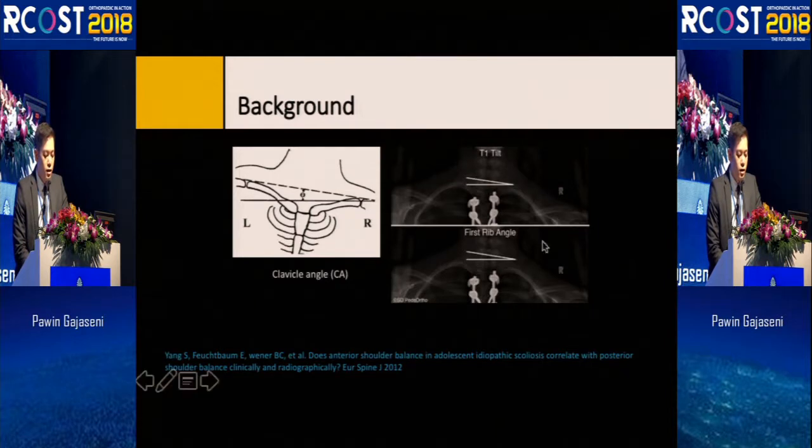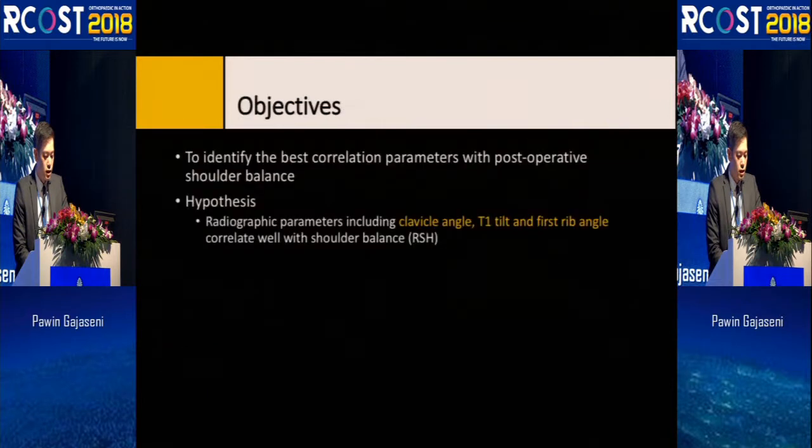These are the parameters associated with shoulder balance widely described in the literature, including the radiographic shoulder height, clavicle angle, T1 tilt, and the first rib angle. However, the best radiographic predictor has not yet been determined, and the results are inconsistent.